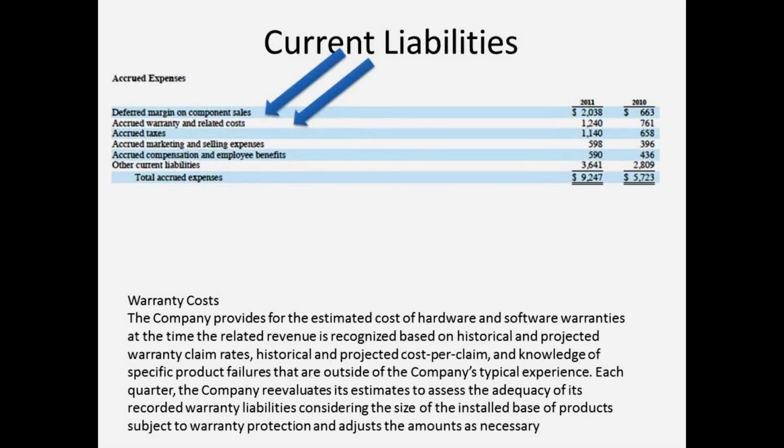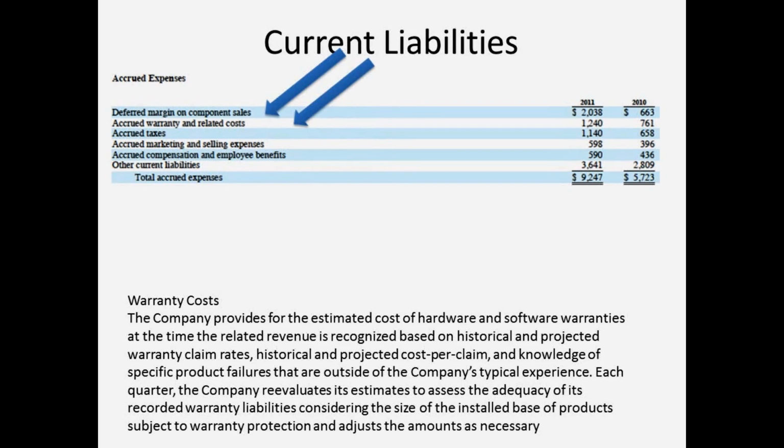Okay? Warranty costs, they tell you exactly how they figure them out. They say, well, you know, we've got these warranties, and what we do is we estimate based on past experience what the cost per claim is going to be, and then we call that our accrued warranty cost. Okay, is this number for sure?